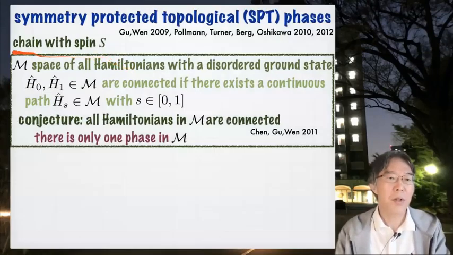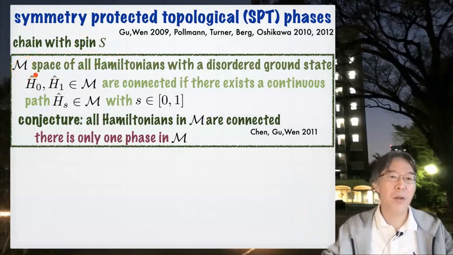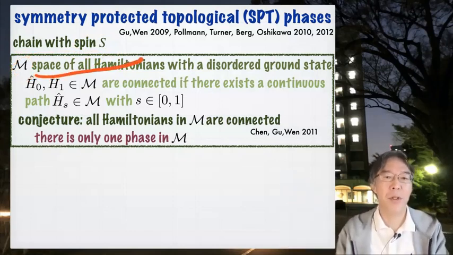Let's consider a quantum spin chain with some fixed spin quantum number S. Let M be the big, huge space of Hamiltonians with a unique gapped, disordered ground state. Take two arbitrary Hamiltonians, H0 and H1, from this space.